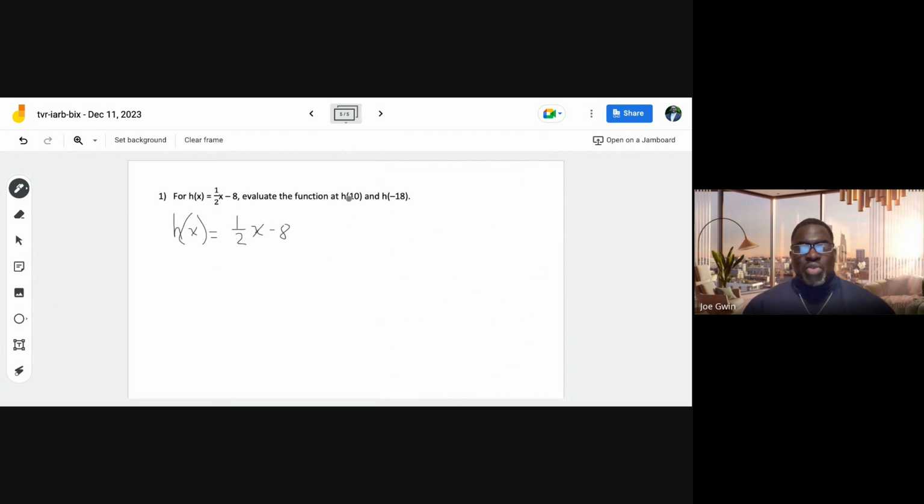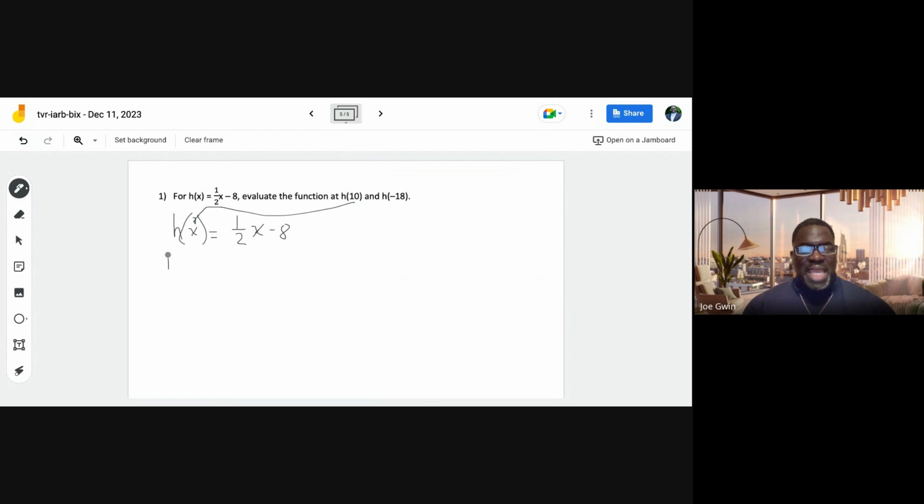All right. So really they're asking us to do two different problems. They want to know what h of 10 is, and then they also want to know what h of negative 18 is. So I'm going to do them one at a time. Going h of 10, we're going to replace this x with 10.